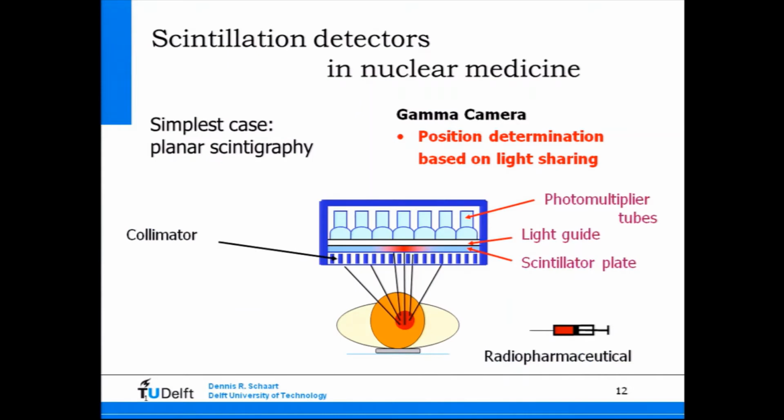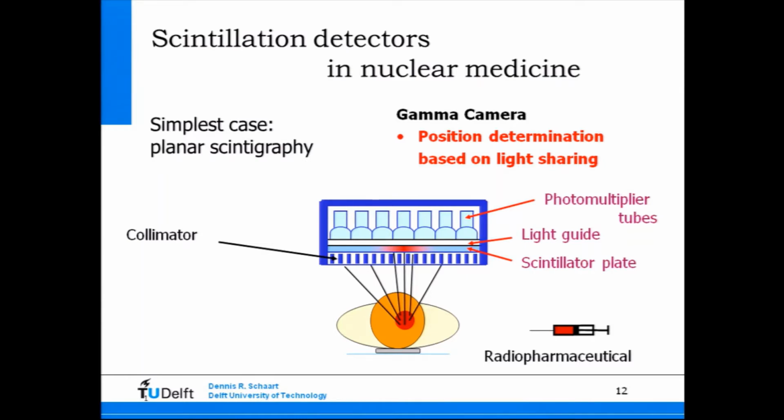So these photomultipliers are used in nuclear medicine detectors, and one example is shown here. That's basically the simplest case, planar scintigraphy, which you do with a gamma camera. And in such a camera, a number of PMTs are optically glued to a scintillator, and quite often there is actually a light guide in between that spreads the light that's generated in the scintillator over a number of these PMTs.